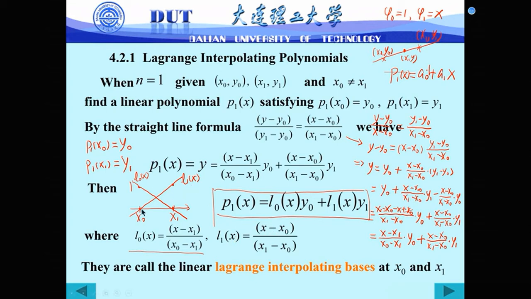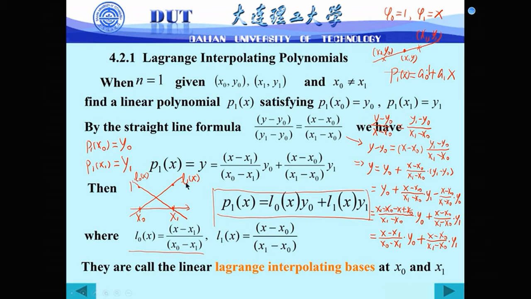Now you see, again, at x0, the two function values are special. For the L0 function, its function value is 1. But for L1, the function value is 0 at x0. And at x1, they also have special function values. For L0, its function value is 0.